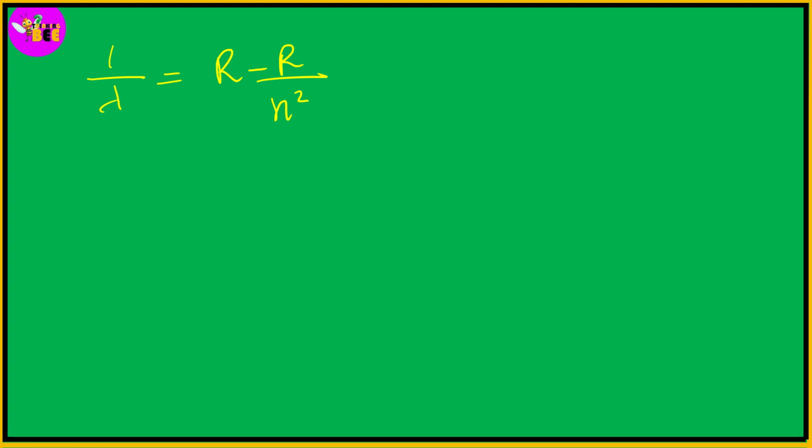Now we need n square, so let's isolate the term of n square on one side. So we get R by n square is equal to R minus 1 by lambda, which is equal to R lambda minus 1 divided by lambda. Now to find n square, we take the reciprocal of both sides.